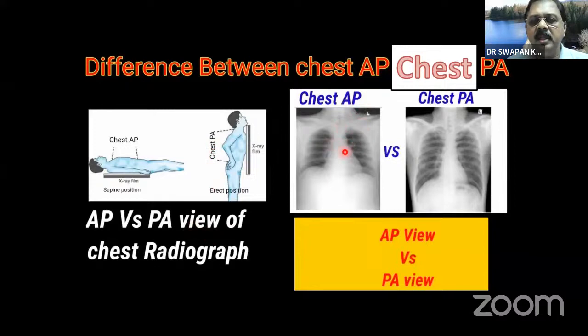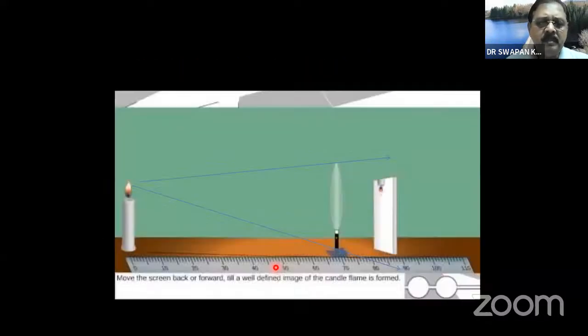And this is the X-ray chest AP view and the PA view. I will come later to the differences, but the main difference is that the heart shadow will look enlarged in cases of the AP view. Why? This follows the rule of optics. So this is the object, this is the light source. Here is the X-ray tube, and this is the plate or the cassette.